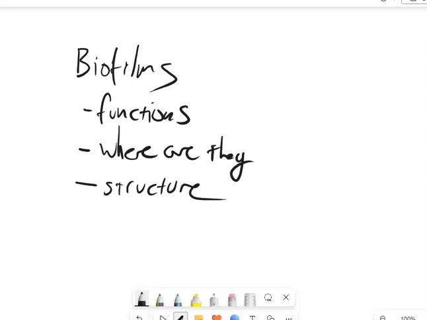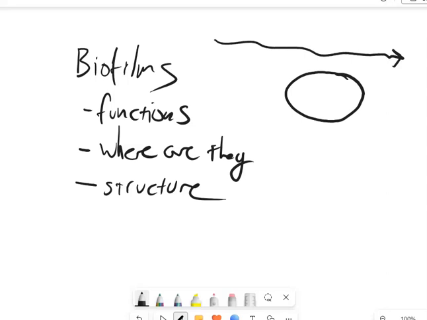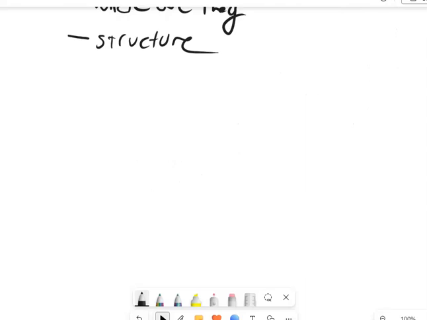Generally speaking, we think of biofilms as forming on any solid surface in water. So like a river rock, we would expect to have a biofilm on it. In any place where there's a solid surface with a liquid, like the surface of teeth, or under rare cases, a blood vessel on a heart valve, something like that.